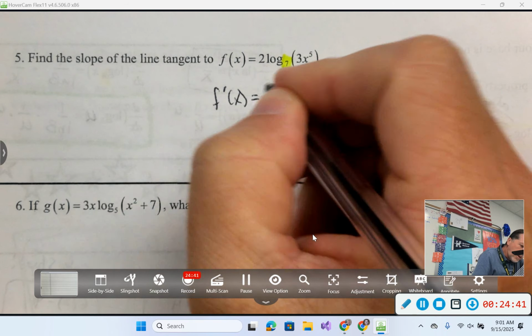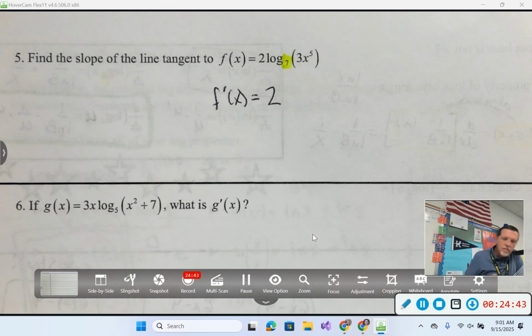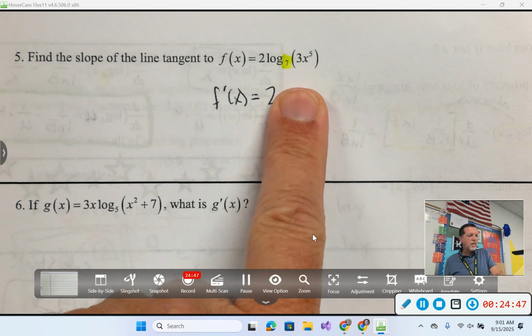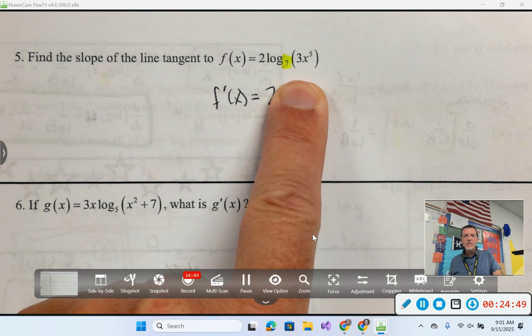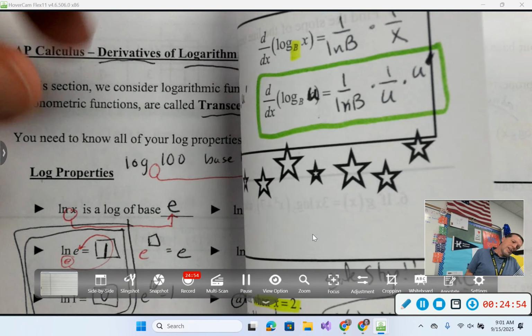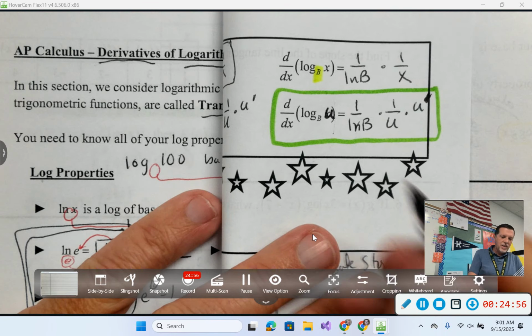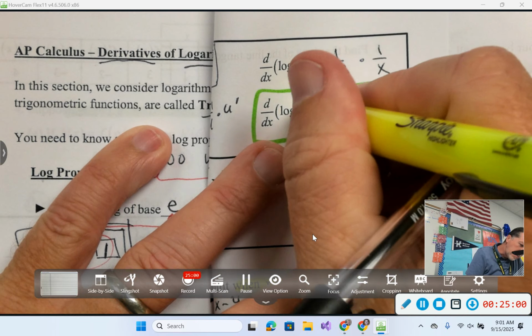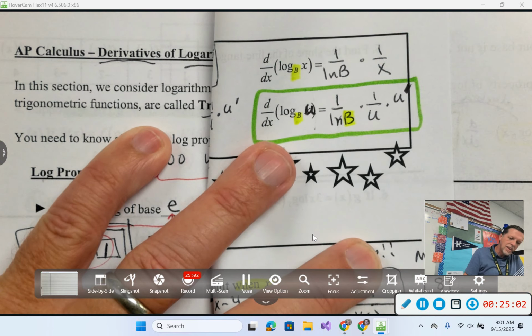Alright, so f prime. 2's there. How do I handle the fact that this is base 7? Flip back, keep it looking back. Let's see. So there's my base that's not e.